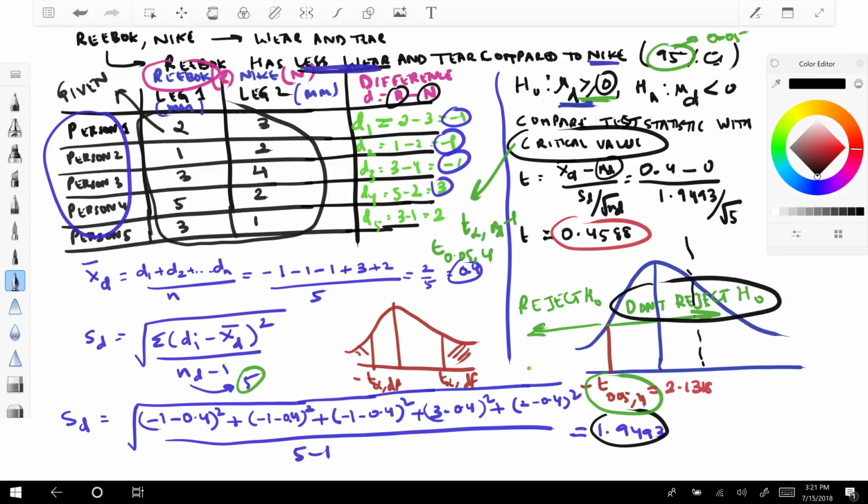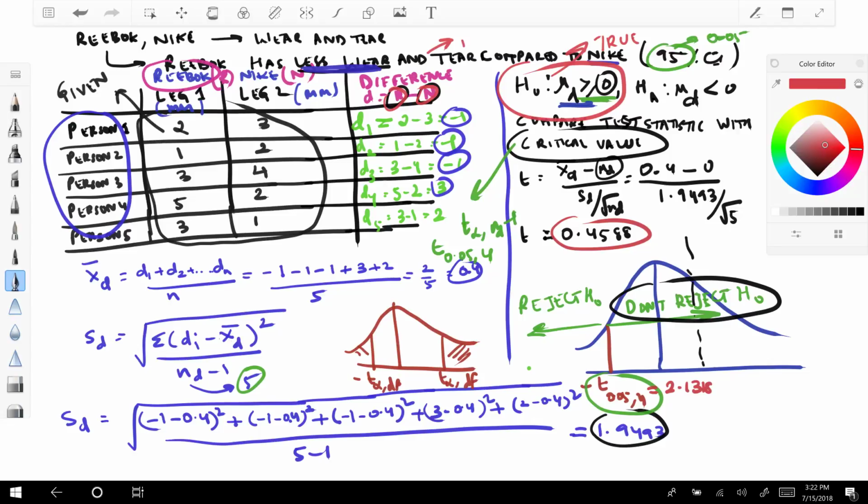That means our null hypothesis is true. So my claim, that Reebok has less wear and tear, because I used Reebok first and Nike second, is a wrong statement. There is not sufficient evidence to prove this.